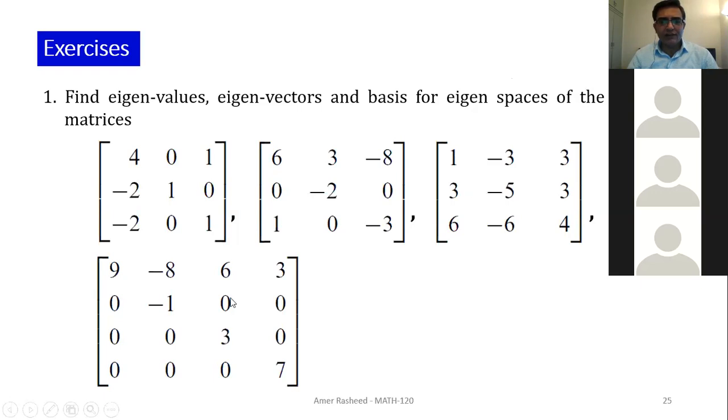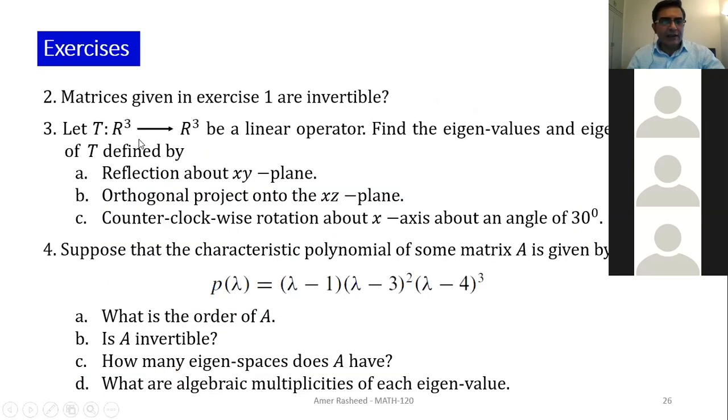This one, this one, this one, and this one. I also recommend you find the algebraic multiplicities of the eigenvalues corresponding to these matrices and find the basis for the eigenspace. Similarly, here are some other exercises I need you to do yourself.